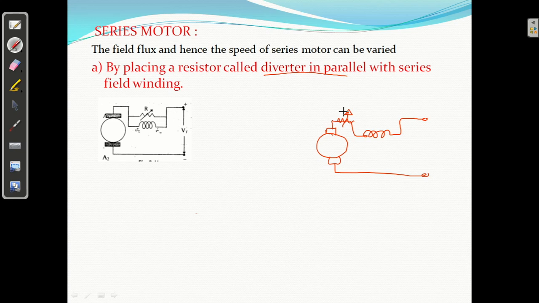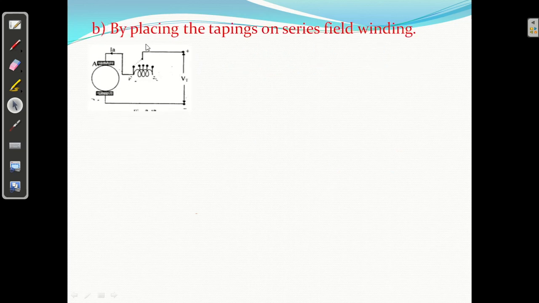Okay, so we have three techniques. One is by placing a diverter, that is, we divert the field current by placing a resistance in parallel with the field winding. The second method is by placing tappings on the series field winding.